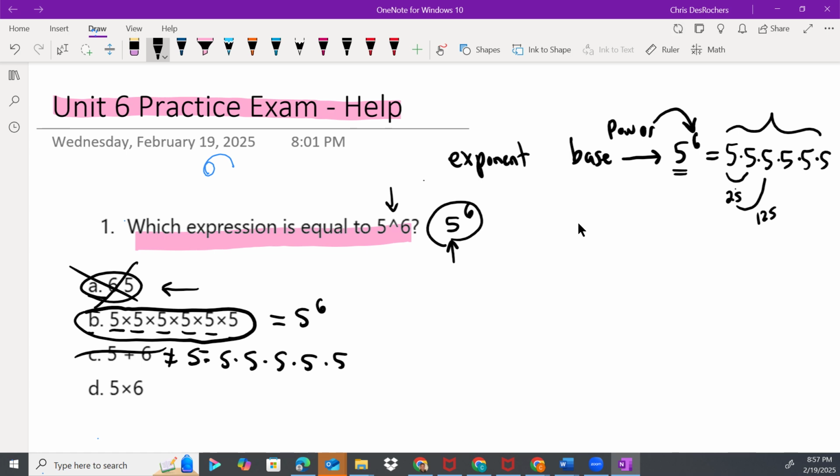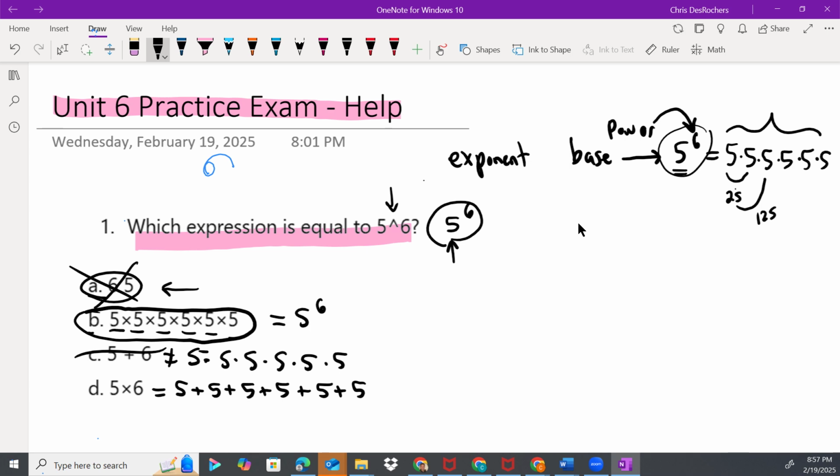And 5 times 6 means 5 six times, which means adding 5 six times. That's 3, that's 4, that's 5, that's 6. And many times students will confuse the multiplication by 6 with the power. So multiplication of 5 six times is confused with the raising of 5 to the 6th power.